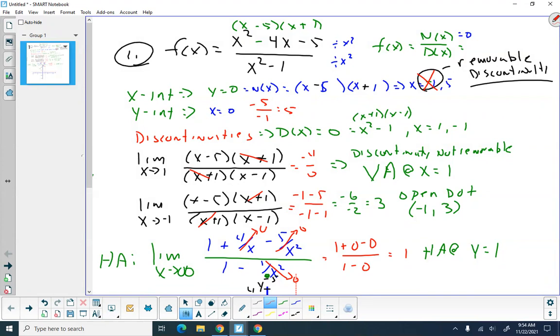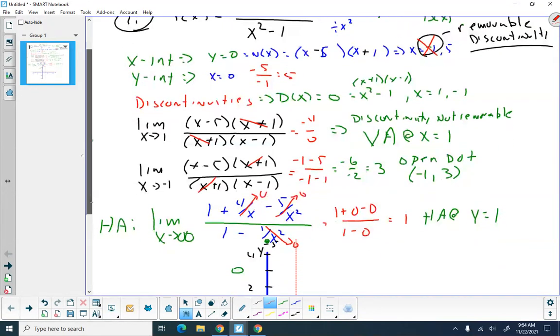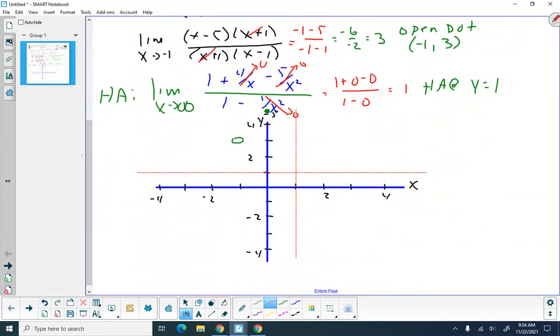To say my x-intercept is at a value -1 would be incorrect, because I had to eliminate it from my domain. So my x-intercept at the value -1 is not going to work. But I have an x-intercept at a value of 5, and that will still work.